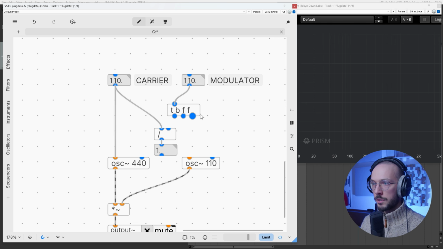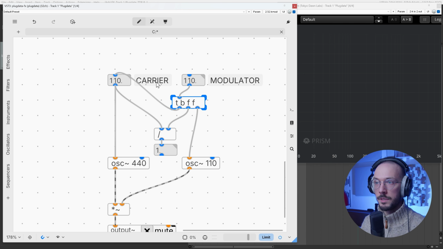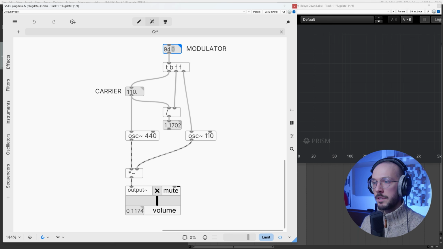So first we send the frequency through the oscillator, then we use it to set the division, the number by which we want to divide our carrier, and then we send the bang to the carrier frequency to trigger the entire operation. So let's fine-tune the modulator to find a good sounding outcome.